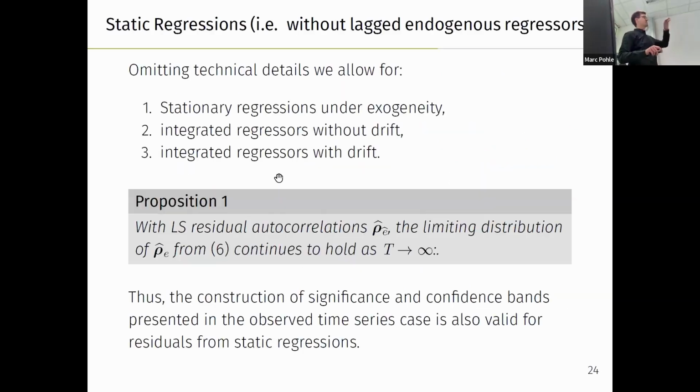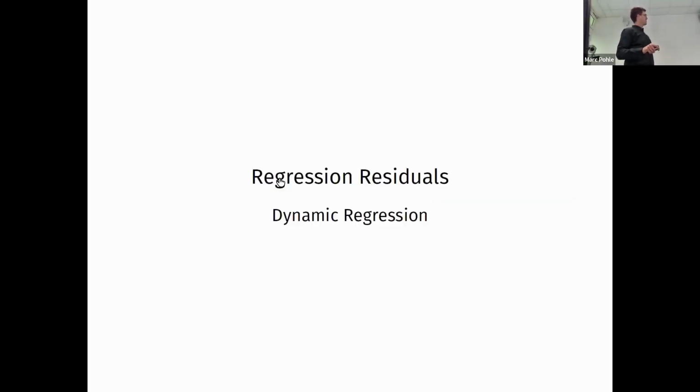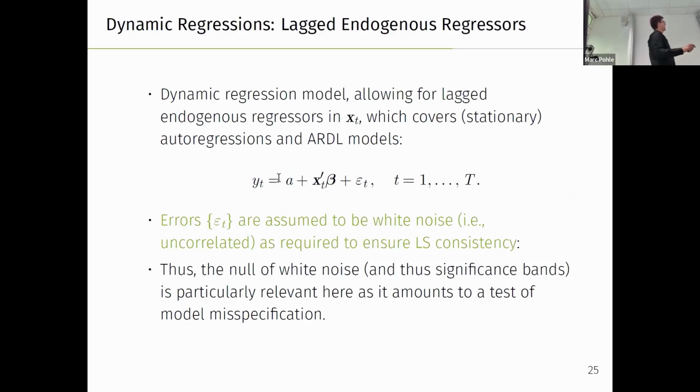We have different technical conditions for the static regression case, but let's move on to the dynamic regressions, because they get interesting. Dynamic regressions are probably the more important ones, as you usually want to include lagged dependent variables, so lag values of y_t. This is permitted here in the x vector. For dynamic regression, the significance bands are the interesting ones.